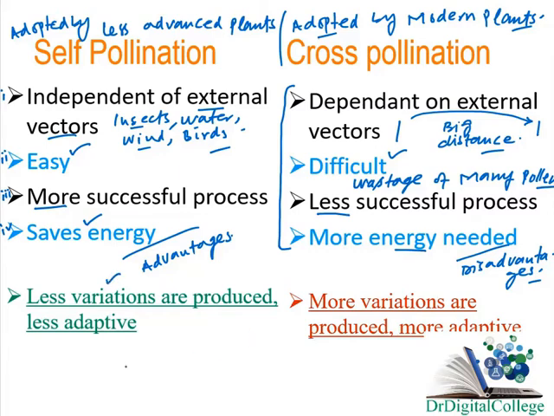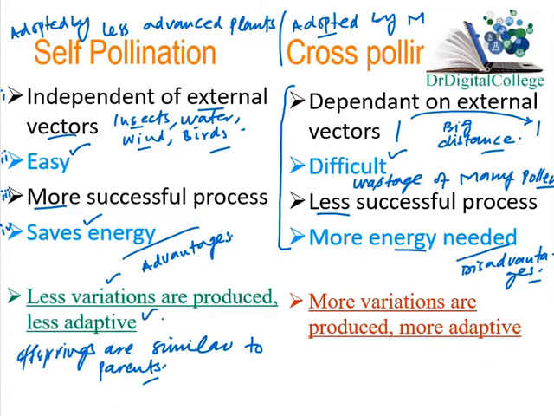Which means the offsprings are more or less similar to their parents. That's why they will be less adapted.